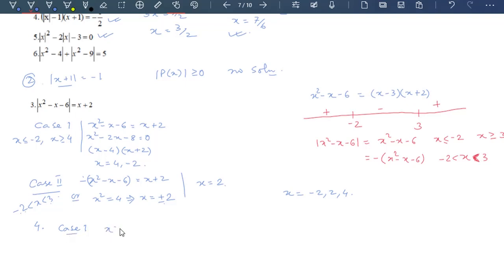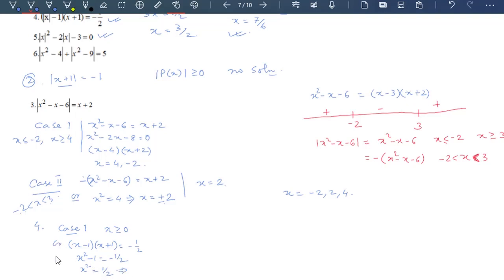When x is greater than or equal to 0, then the equation will be (x minus 1) into (x plus 1) equal to minus half. That means x square minus 1 equal to minus half. That means x square is equal to half.